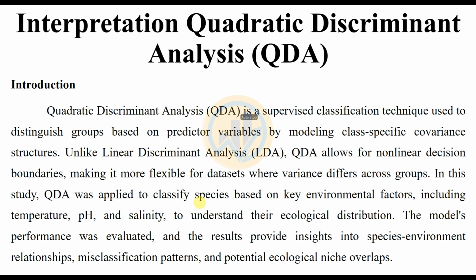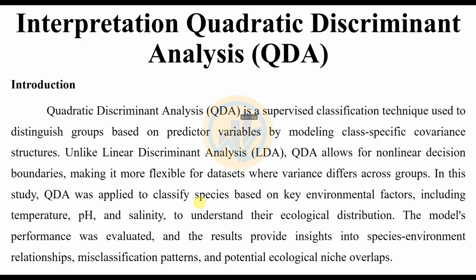Okay, the introduction to QDA. QDA is a supervised classification technique used to distinguish groups based on predictor variables by modeling class-specific covariance structures. Unlike linear discriminant analysis, LDA, QDA allows for non-linear decision boundaries, making it more flexible for datasets where variations differ across the groups.